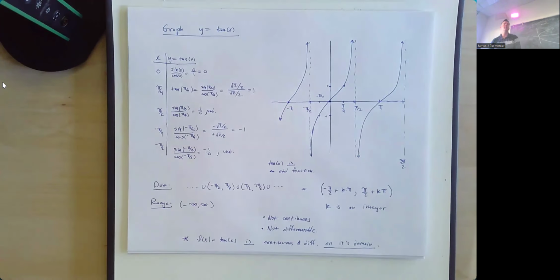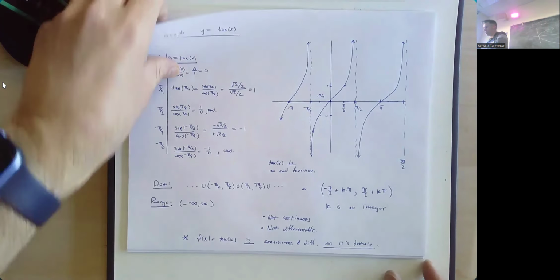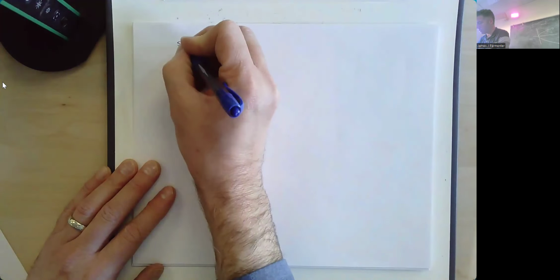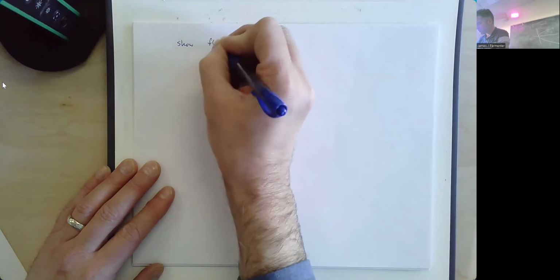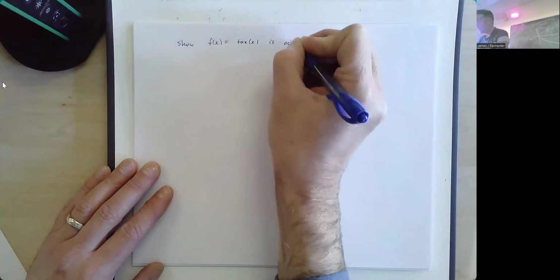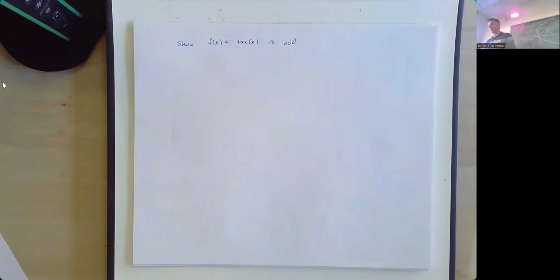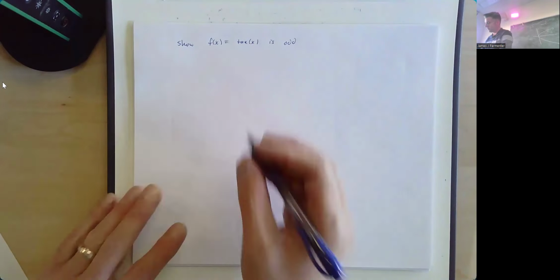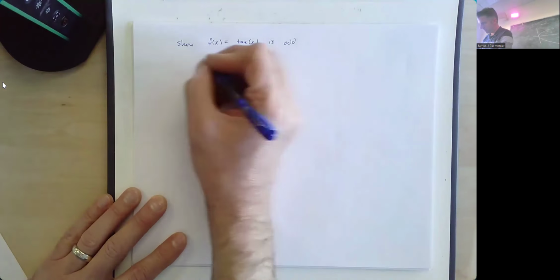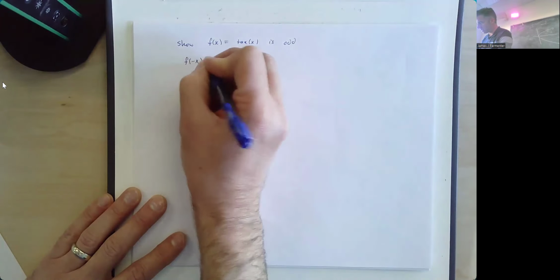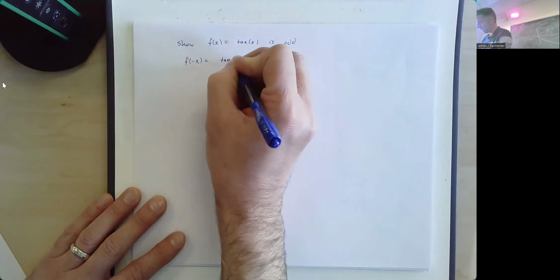And you could show it by exploiting the fact that we know that sine is odd and cosine is even. In fact, we should do that because it's good work. So to show it, we're going to do this one together, but when we do the next one, I'll make you do it on your own. So to show tangent is odd, I'm going to look at f of negative x, which is tangent of negative x.